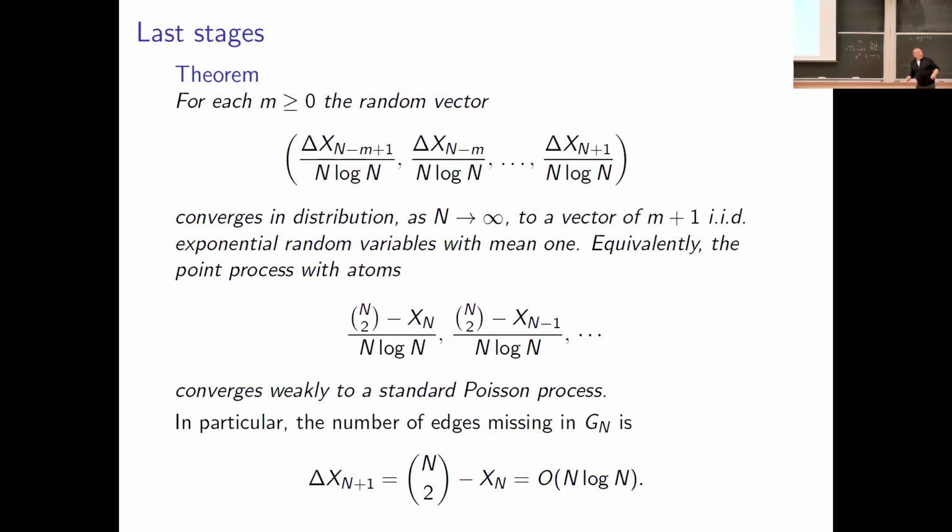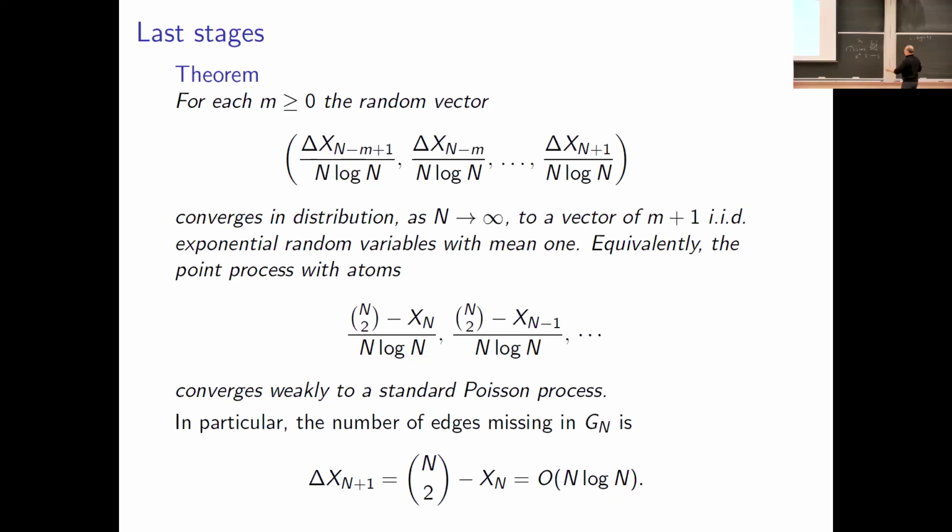Okay, so the last 5 minutes, the last stages. What happens on the last stages? On the last stages, we have again a Poisson approximation, but now a Poisson approximation for the process of sampling of vertices. At the last stages, we have a lot of edges, but very, very rare vertices. To deal with this, we look backwards.